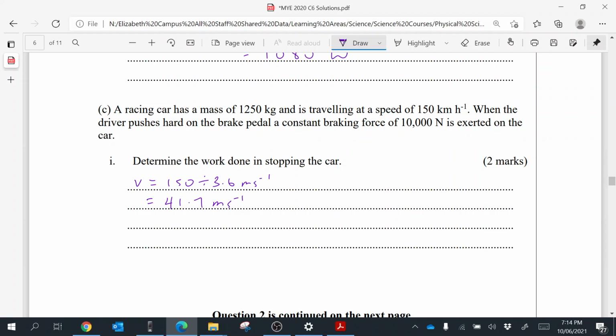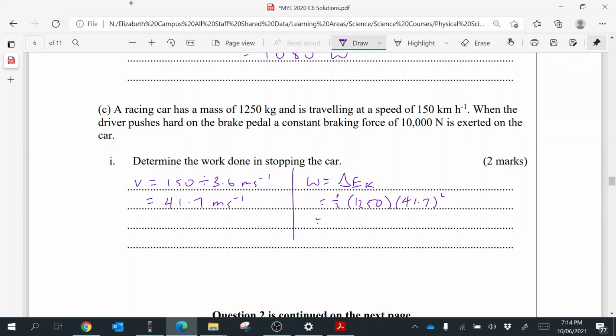meters per second. So work equals change in energy. In this case, it's the change in EK. So it's equal to half times 1,250 times V squared, which is 41.7 squared.